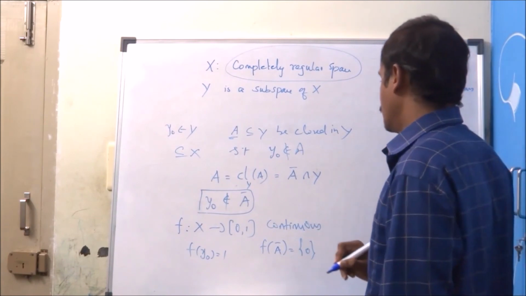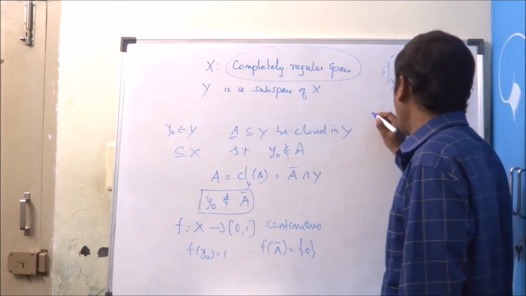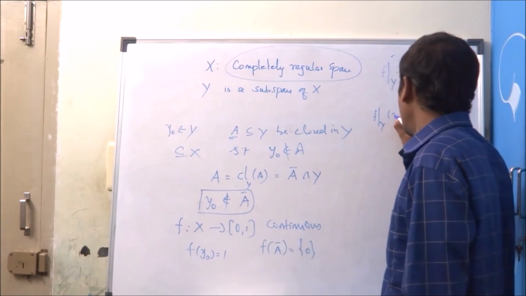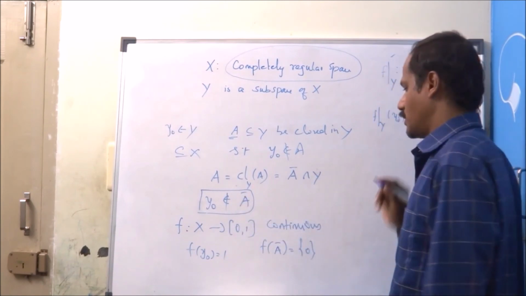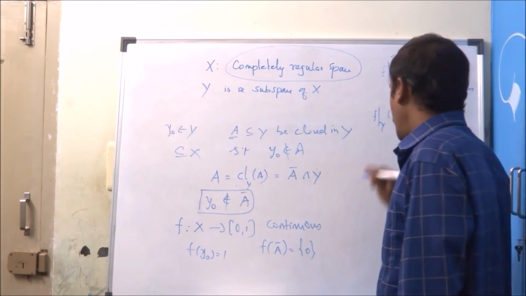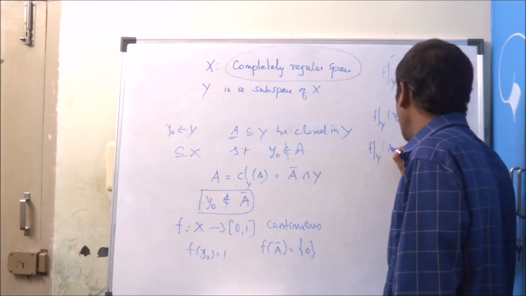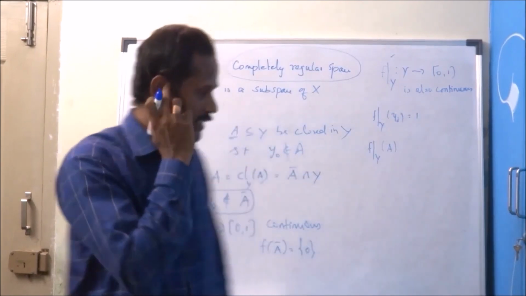Therefore, we have a continuous map from Y to [0, 1], and f restricted to Y at the point y naught, because y naught is already a point of Y, has value 1, no problem at all. And f restricted to Y at A, we need to verify that it is equal to the singleton 0.